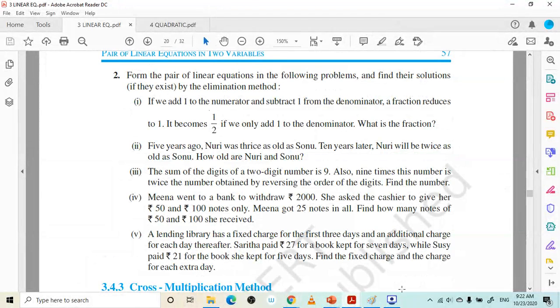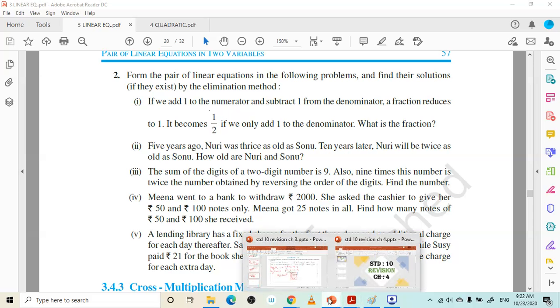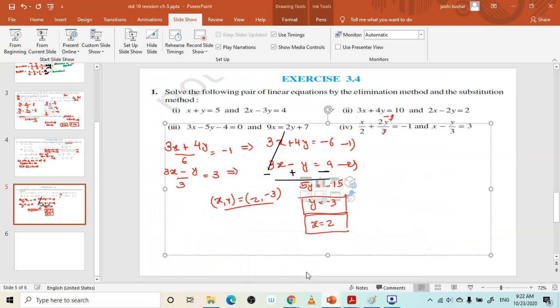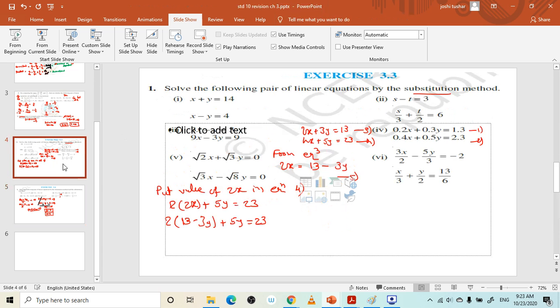So like this we can say that our revision part of this chapter is over. If you don't want me to solve the first, second and third questions, and still if you are facing difficulty in elimination and substitution, because just one question we have solved.